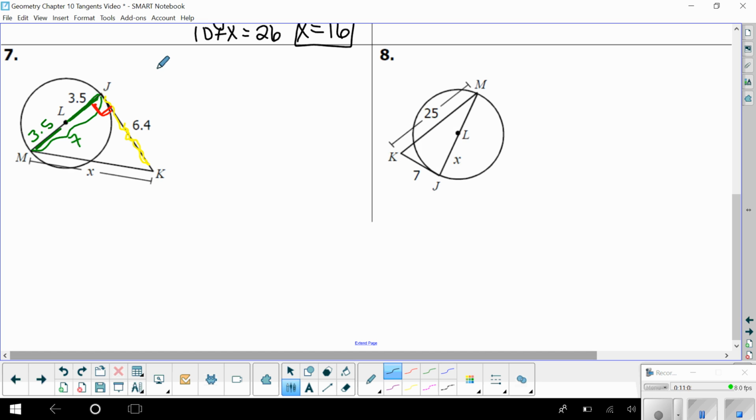So 7 squared plus 6.4 squared equals x squared.